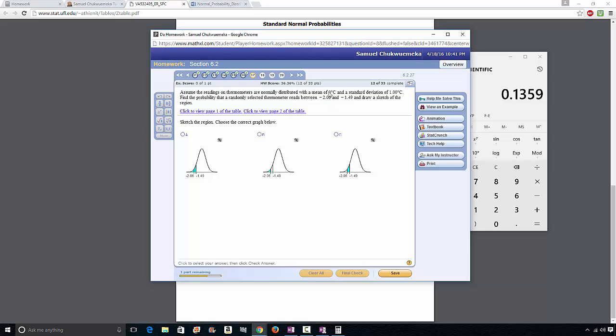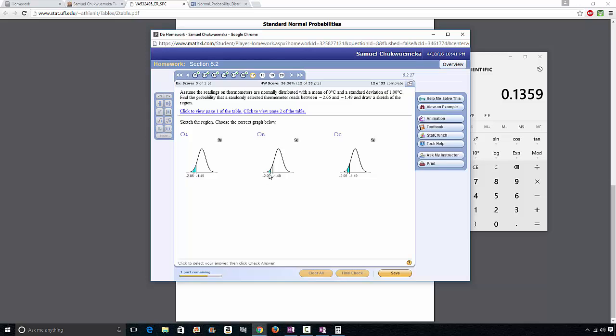Here, mean of 0 degrees Celsius, standard deviation of 1.00 degrees Celsius. So we are good. We want to find between negative 2.06 and negative 1.49. Okay. So it is not this area, because this area is less than negative 1.49.